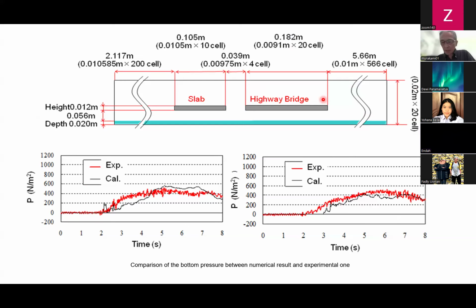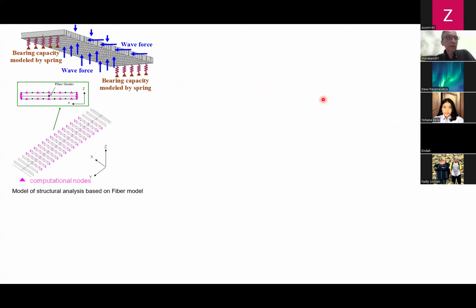So this is a model of the ERC fiber. We put the wave pressure on the bottom side and upper face, and also apply the pressure on the front side. We use the ERC package, a structural analysis model based on the fiber model.